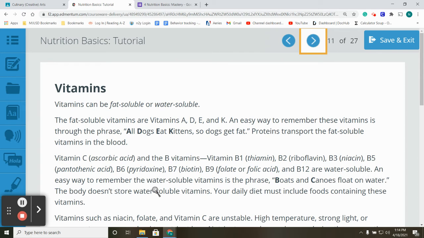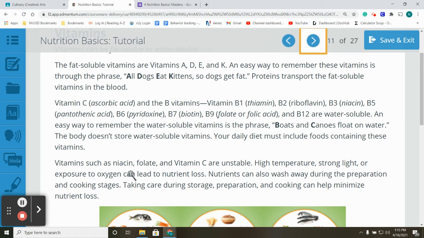An easy way to remember the water soluble vitamins is the phrase, boats and canoes float on water. The body doesn't store water soluble vitamins. Your daily diet must include foods containing these vitamins.